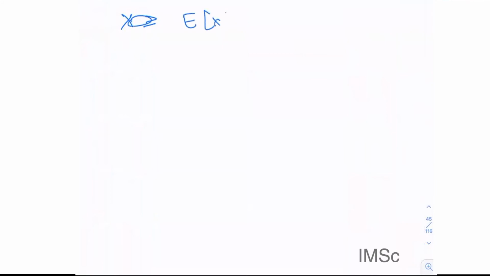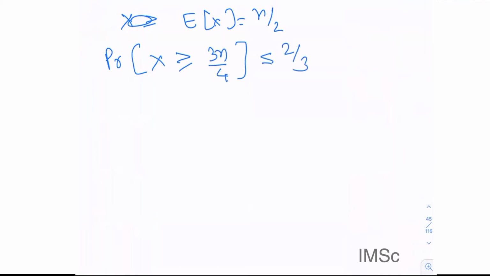We had x, with expectation of x equal to n by 2. And suppose we ask for the probability that x is greater than or equal to 3n by 4. Last time we showed, using Markov, that this is less than or equal to 2/3, right?